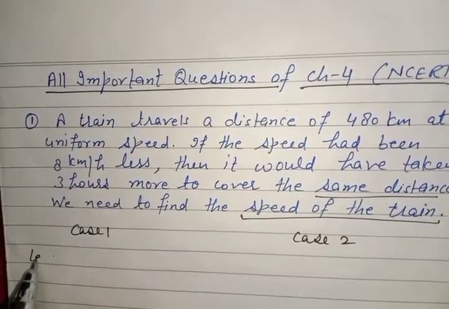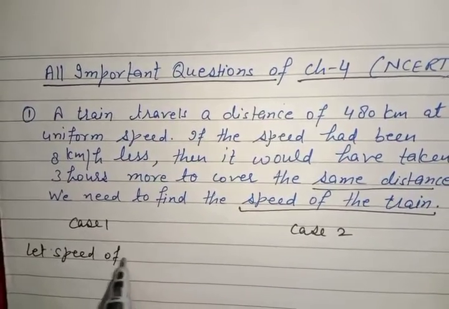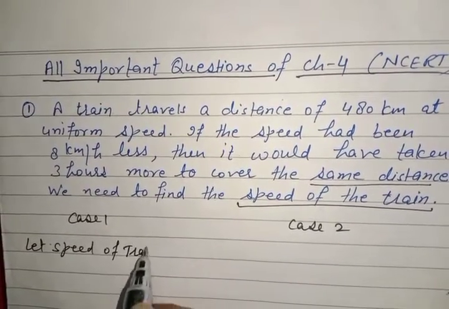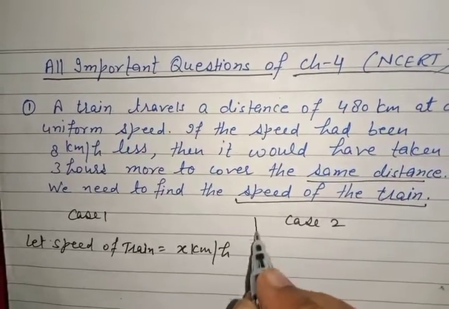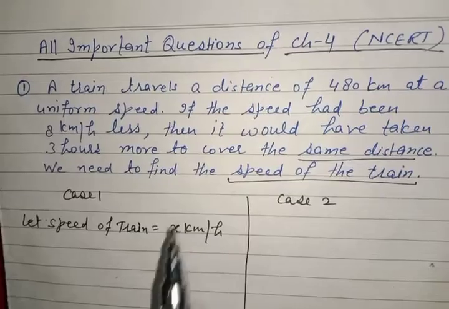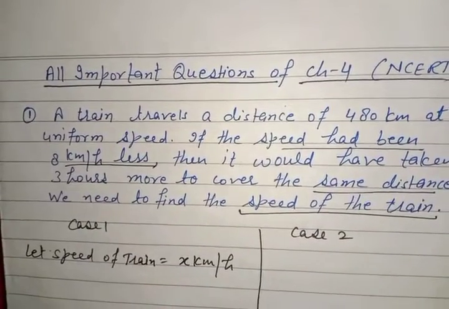So we will write the first case first. Let the speed of the train be x kilometer per hour. This is the first case, and in the second case the speed had been 8 less.